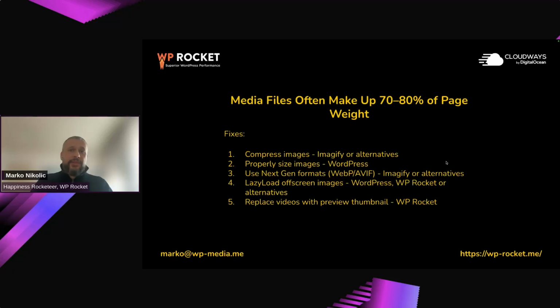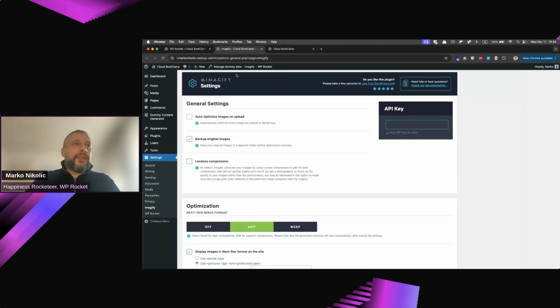Lazy load off-screen images. Lazy load was introduced in WordPress a couple of versions ago, and it now natively supports lazy load. But you can use other tools like WP Rocket or alternatives. There are even some free lazy loading plugins that can help you.